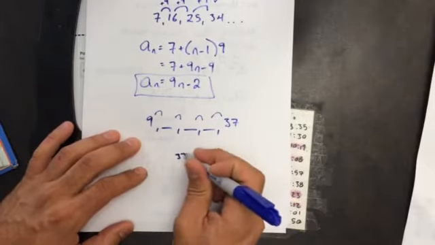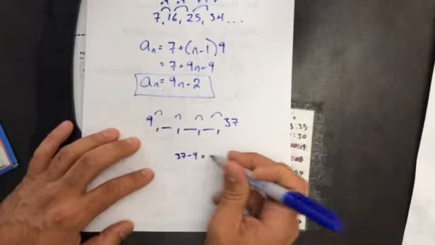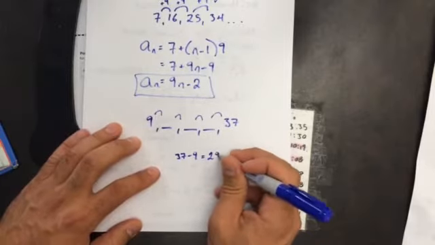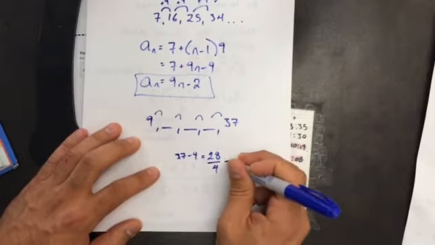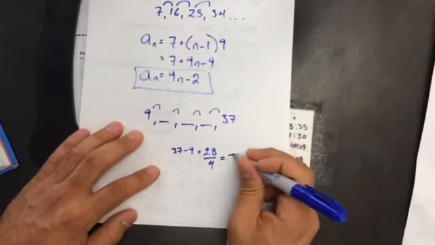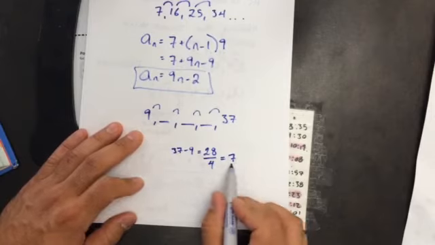So I'm going to do 37 minus 9, which is going to give me 28. It has 4 changes, so divided by 4. Which is telling me that I'm adding 7 every single time.